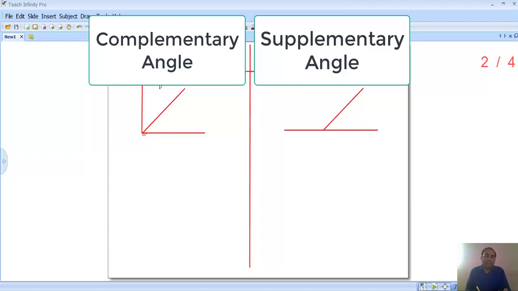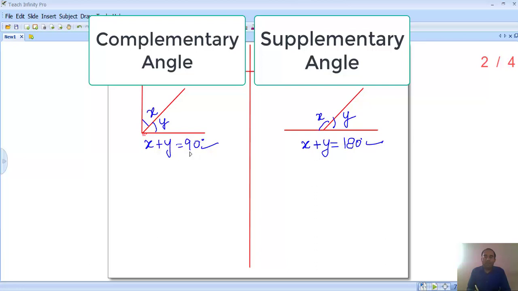If the sum is 90, that means complementary. If the sum is 180, that means they are supplementary. Suppose this is angle X and this is angle Y. If they are complementary, X plus Y will be 90 degrees. If the sum X plus Y is 180 degrees, they are supplementary.